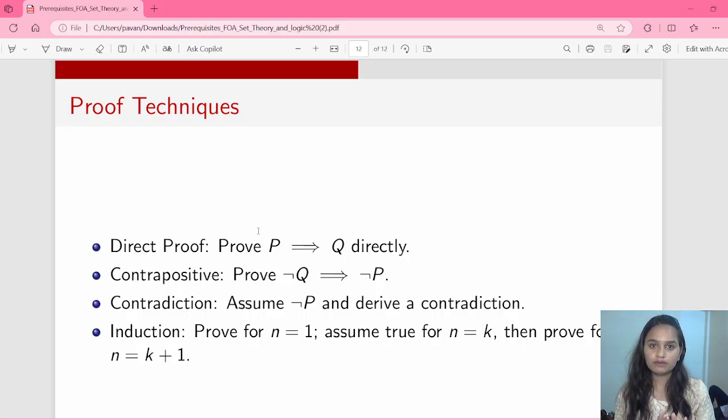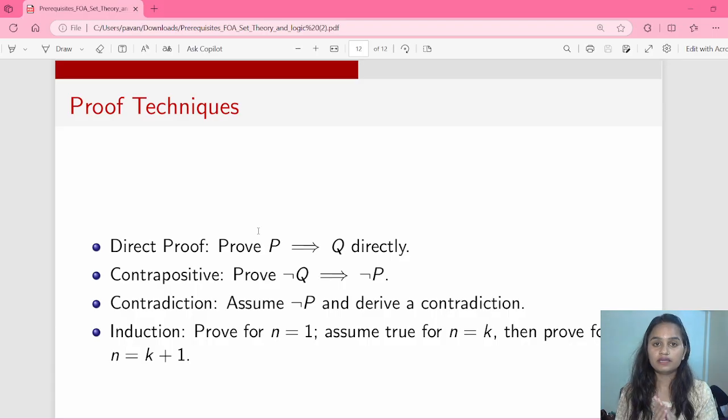Contrapositive: P implies Q and negation Q implies negation P are two logically equivalent statements. So if you want to prove P implies Q, you can also prove negation Q implies negation P, and your work is done.